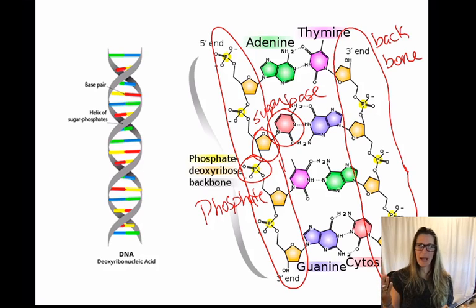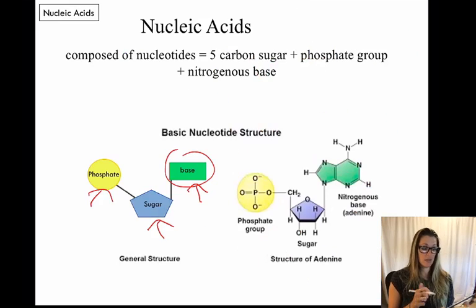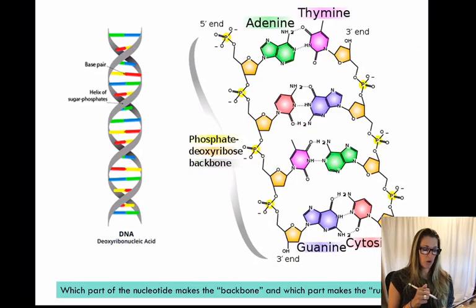And then the bases come across, and they're often referred to like the rungs of a ladder. So what I would like you to think about is, when we're talking about a nucleotide, which parts of the nucleotide make up the backbone and which parts make up the rungs?